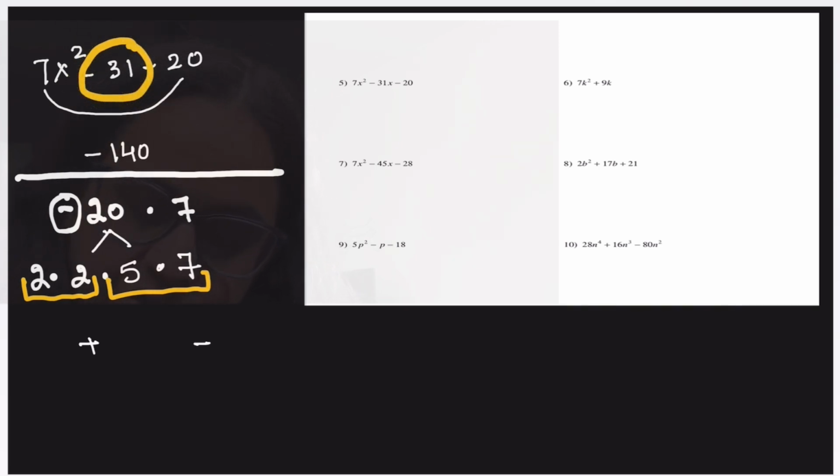So this is a hidden trial. I want to try with first two 2s and a 5 and a 7. If I multiply two 2s, it gives me 4, and then if I multiply 5 and 7, it gives me 35. And I know that if I take 35 and subtract 4 from it, it gives me 31, which is what we need. But we need negative 31.